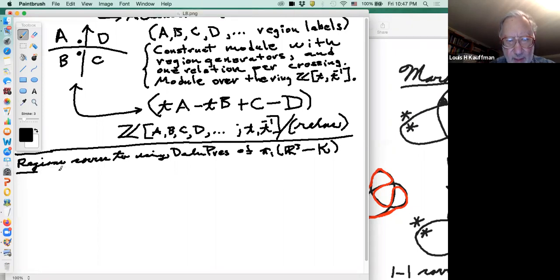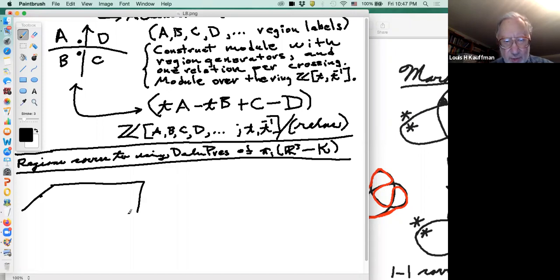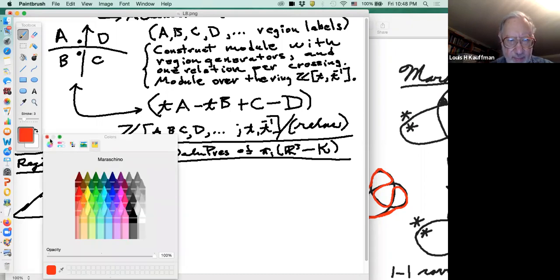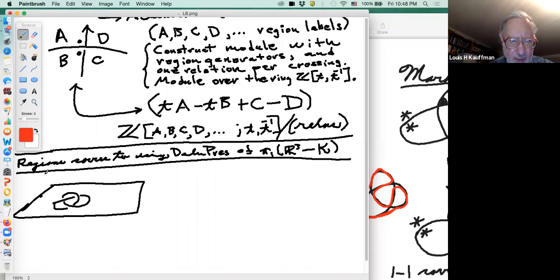In the Dehn presentation, one thinks of the knot as in a plane in R3 like that. And you have a base point, which is perhaps far above the plane here.